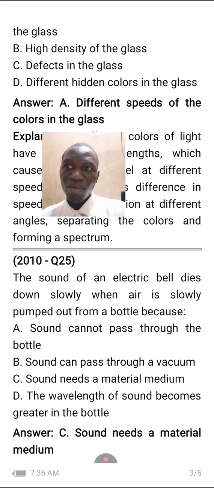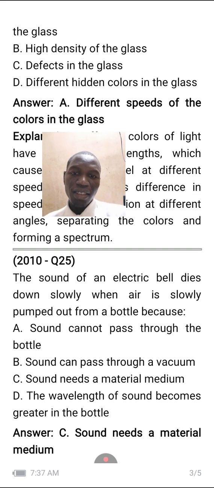In some houses, even if you are knocking, no one will hear you. So they normally put an electric bell so that while they are inside, if you just press that button, the electric bell will ring inside the house. So the question is, why is it that the sound of an electric bell dies down slowly when air is slowly pumped out of the bottle?